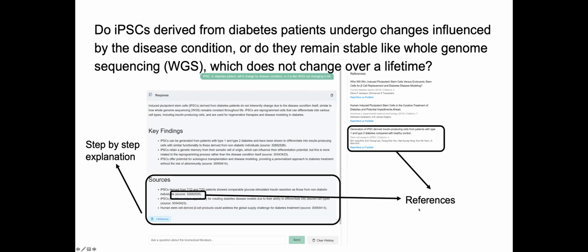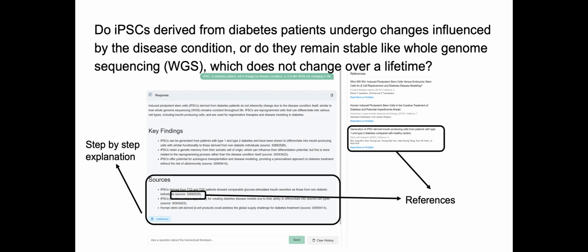Recently, we have been working with a biologist, Dr. Shuibing Chen from Cornell. Because math trainees do not have a lot of biomedical training, we ask a lot of questions. Dr. Chen generates iPSCs from diabetes patients, and we don't know whether the iPSCs are the same or different if the patients undergo a change in their disease condition.